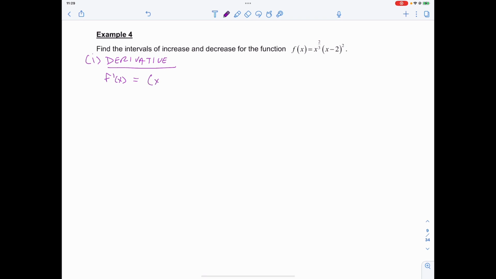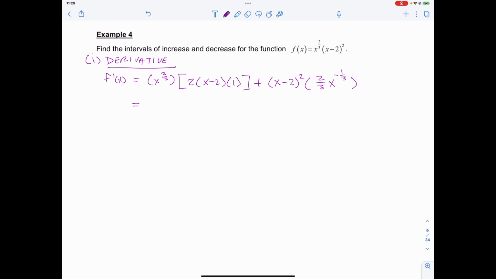So I'm going to get x to the power of 2 over 3 times 2 times x minus 2 to the power of 1 times 1 plus x minus 2 squared multiplied by 2 over 3 x to the negative 1/3 when I take away 1 from 2/3.